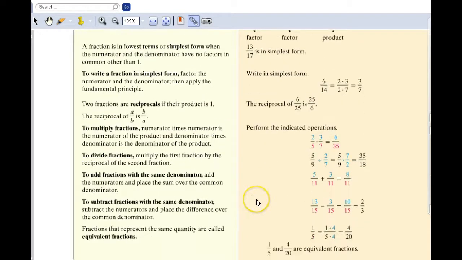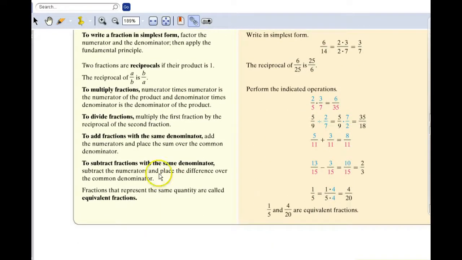Now, when we multiply fractions, we look to see if we can cross-cancel common factors out. Otherwise, we just multiply our numerators and multiply our denominators. And if we couldn't cancel anything out over here, over there, there's nothing to cancel out.